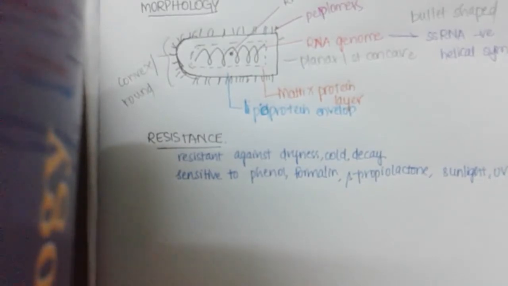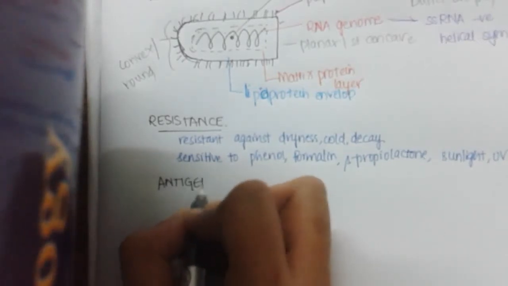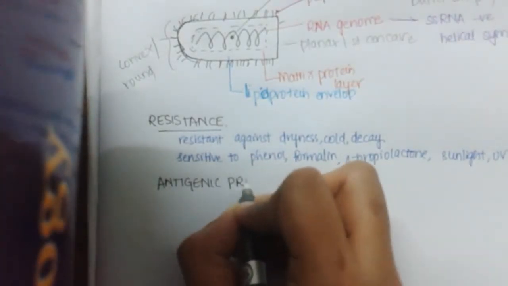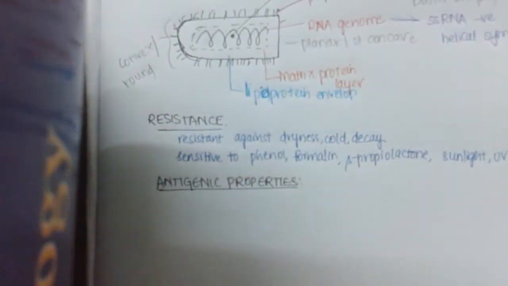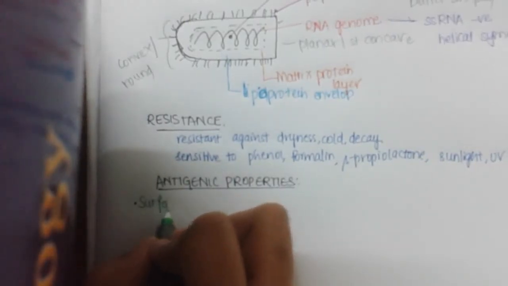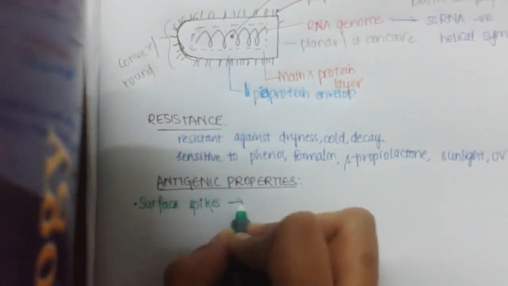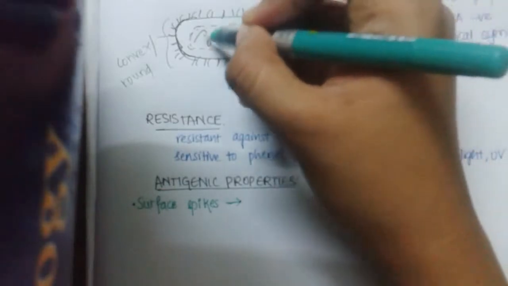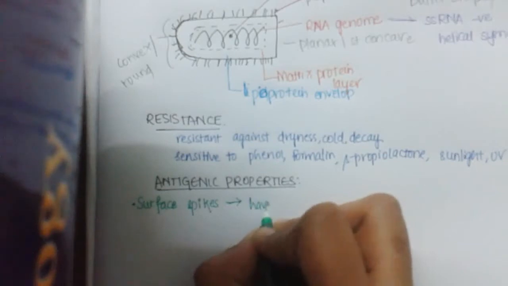The main important things are antigenic properties. Each and every virus has its antigenic properties. These antigenic properties include, first, surface spikes. These surface spikes, these are the spikes, right? These surface spikes have glycoprotein.